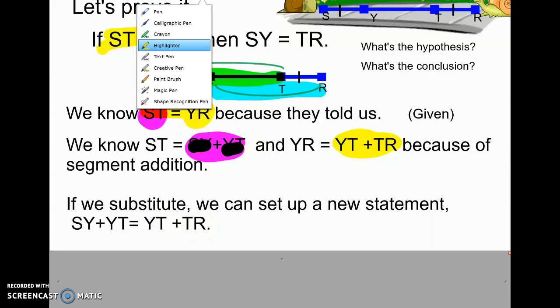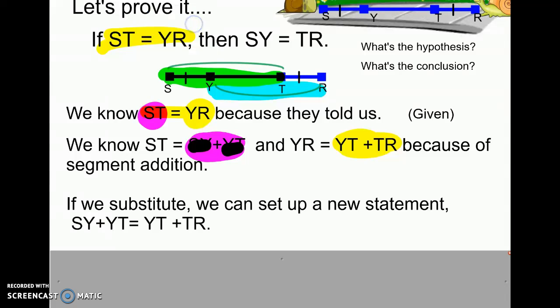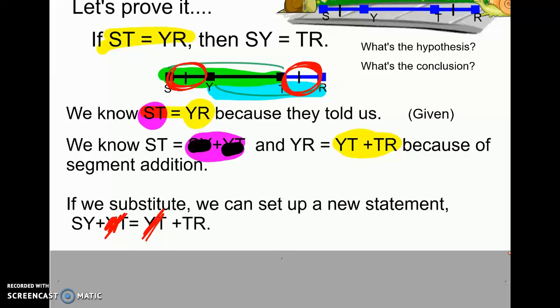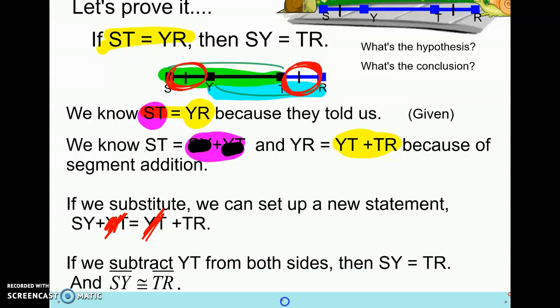Then, since they have this part in common, we can cross it out. All we're left with is this piece on the outside equals this piece on the outside. So that's how we prove things. We take these logical statements of things that we know, and it gives us a final statement.